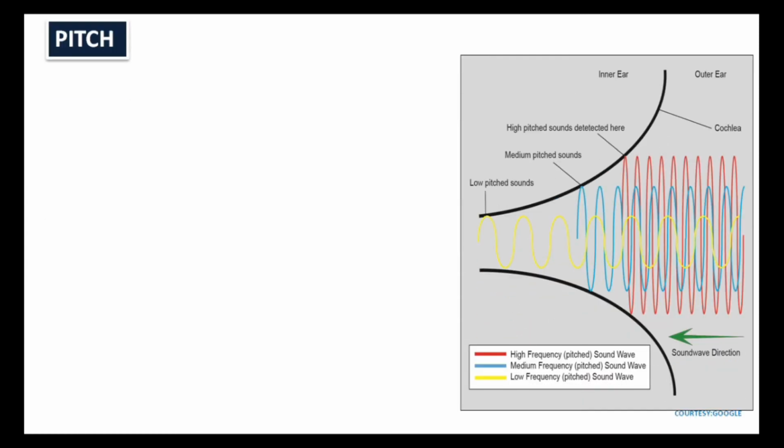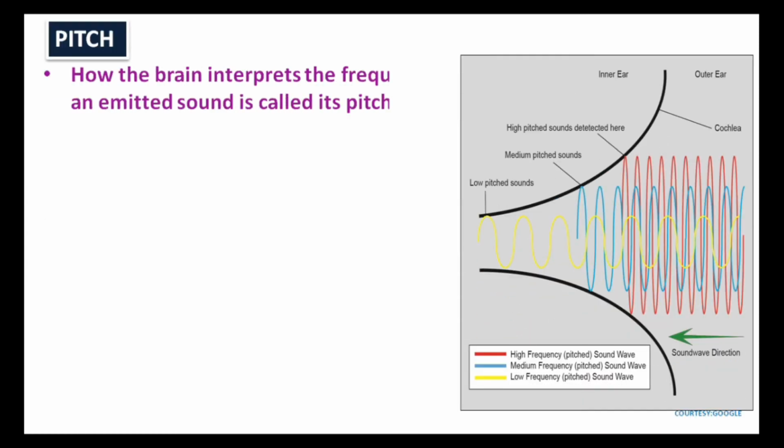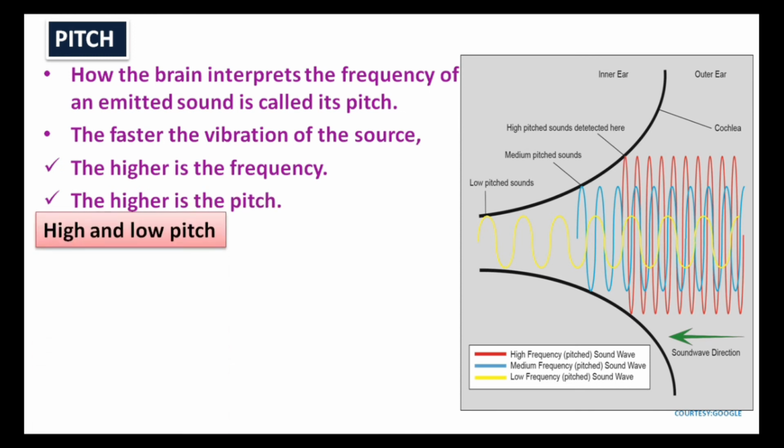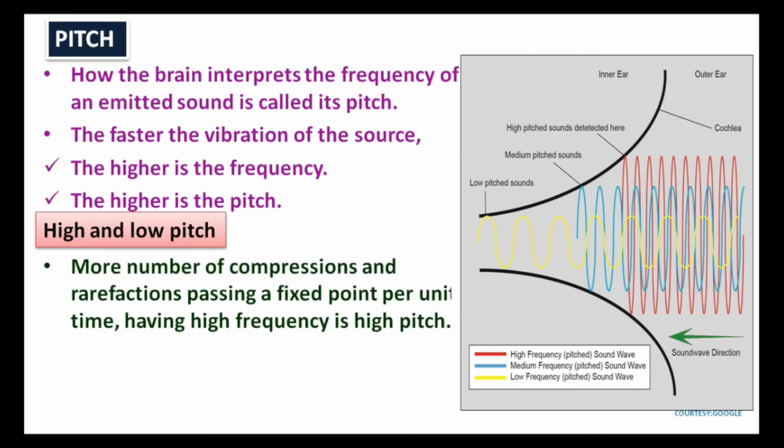Pitch. How the brain interprets the frequency of an emitted sound is called its pitch. The faster the vibration of the source, the higher is the frequency and the higher is the pitch. High and low pitch. More compressions and rarefactions passing a fixed point per unit time, meaning high frequency, is high pitch.